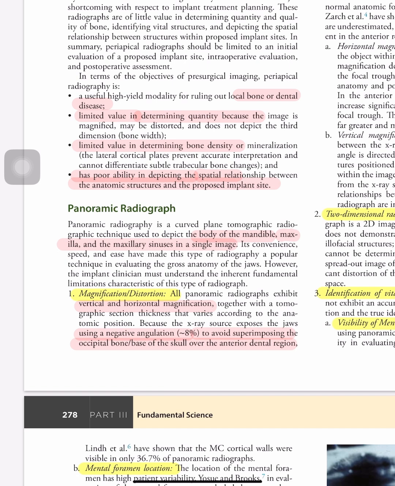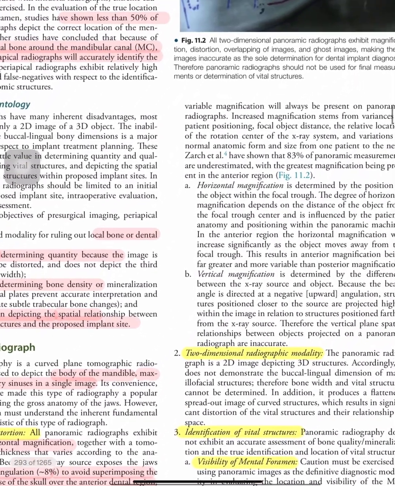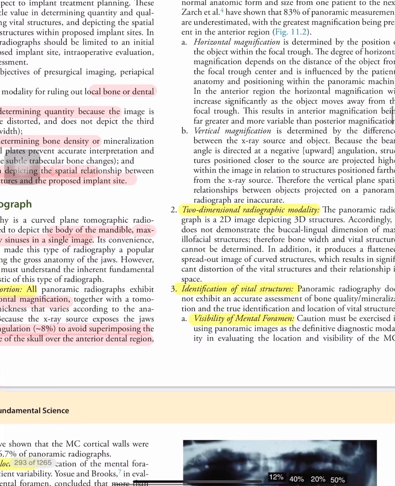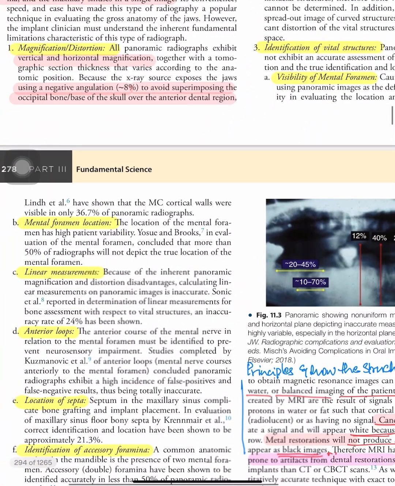But again, it is susceptible to all sorts of image distortion, especially magnification issues, and you cannot do accurate measurements using an OPG.